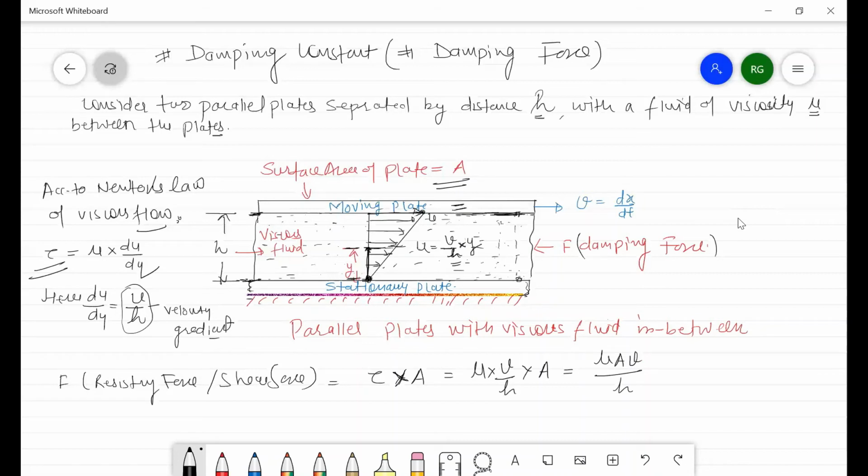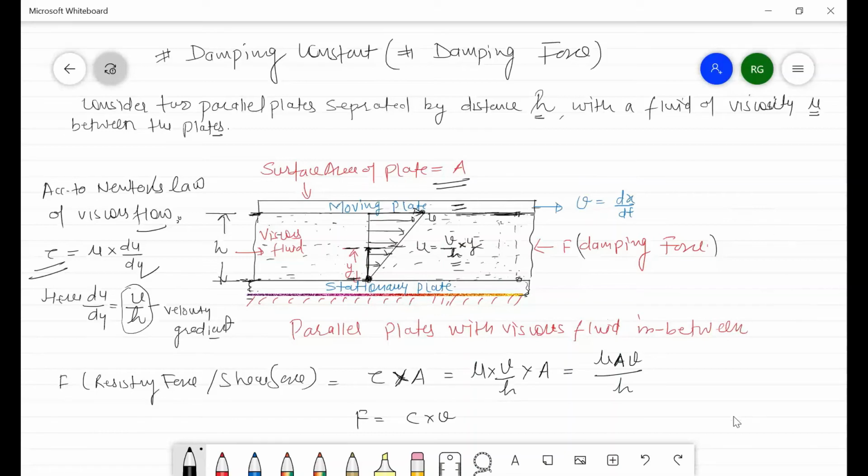Here mu is the viscosity of the fluid, A is the surface area of this plate, v is the velocity of this plate, and h is the distance between the stationary plate and the moving plate. And F can be expressed as C multiplied by v, right?